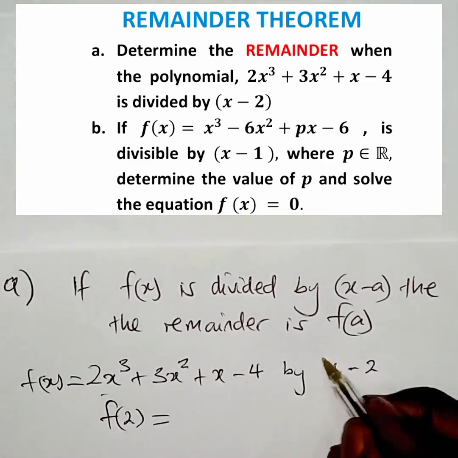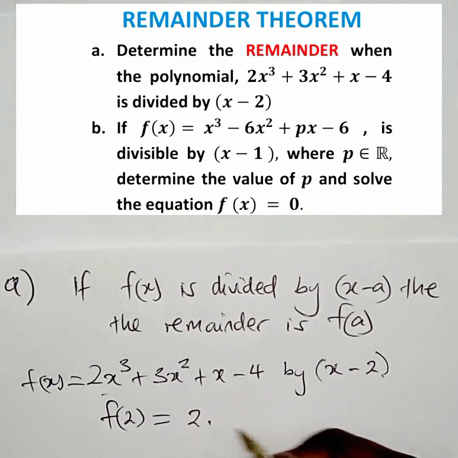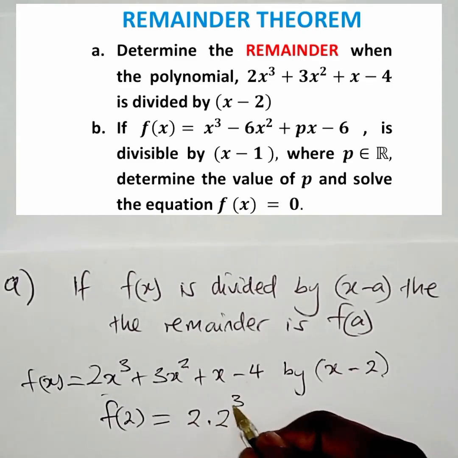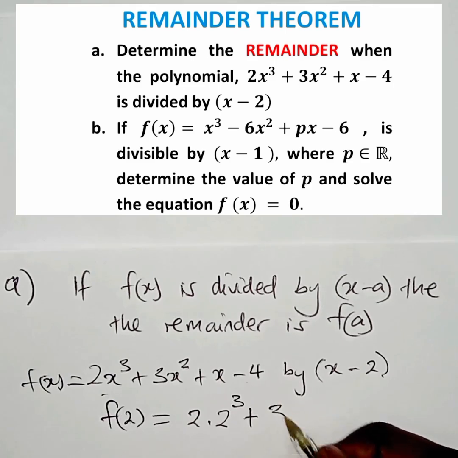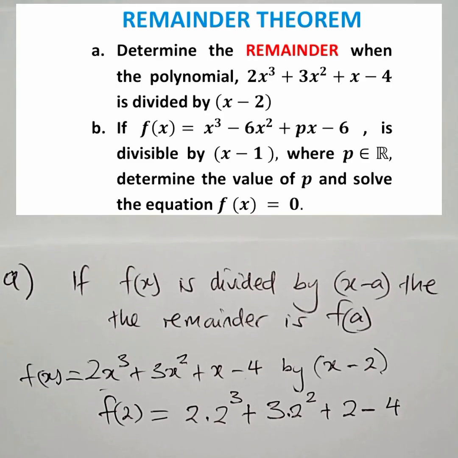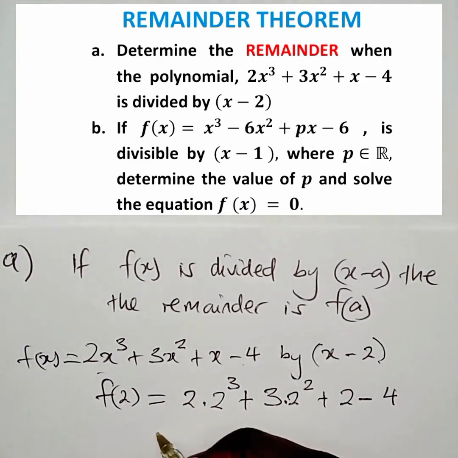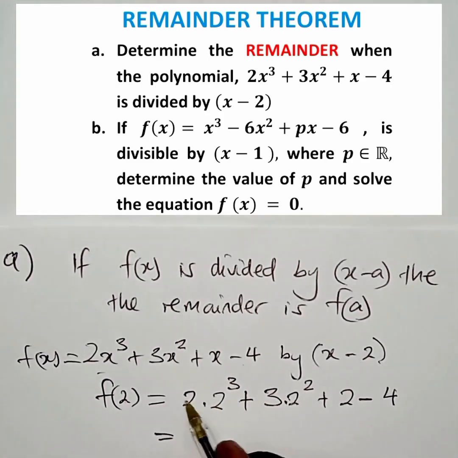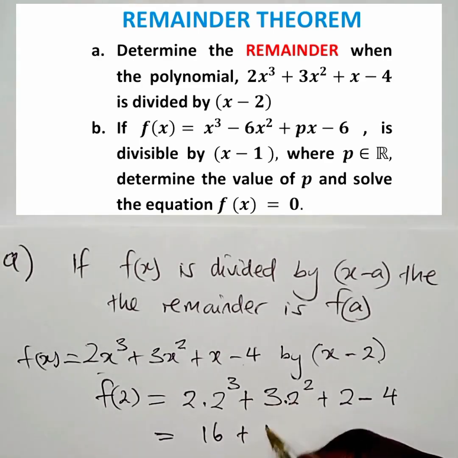All right, so we are going to have 2 multiplied by 2 to the power of 3 plus 3 by 2 squared plus 2 minus 4. Now, if we simplify that, this is 8 times 2, you get 16, plus this is 3 times 4, 12, plus 2 minus 4.